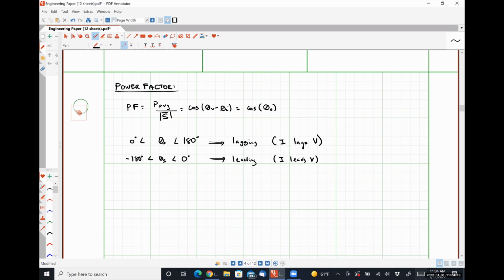Okay. Technically speaking, loads that operate below a certain power factor threshold, so usually somewhere around 95% or 97.5%, incur fines from an electric utility. As a consumer, what we pay for is P average.